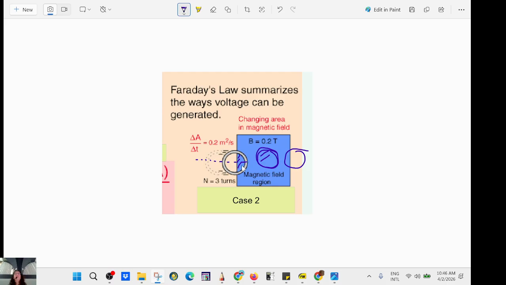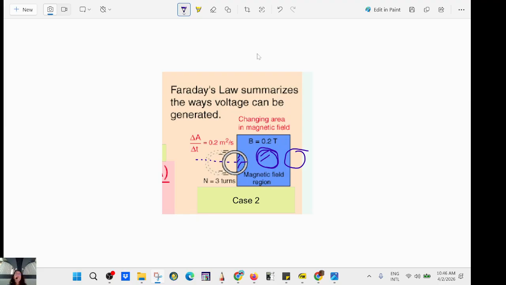Because something has to change. Here the area does not change, the magnetic field does not change, the number of loops does not change, so no induced EMF. Only when it's getting in and getting out, there will be an EMF induced.